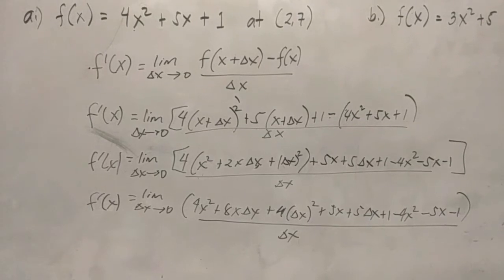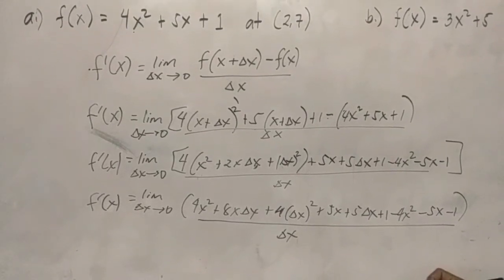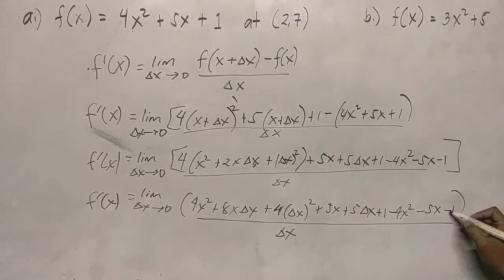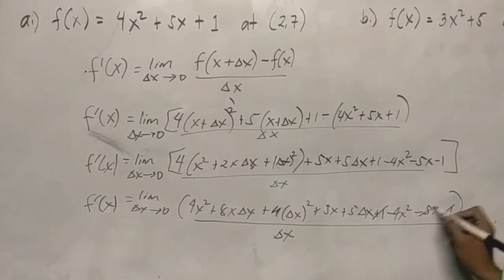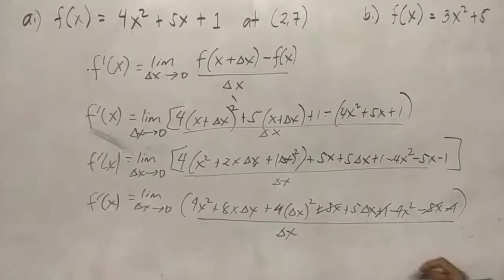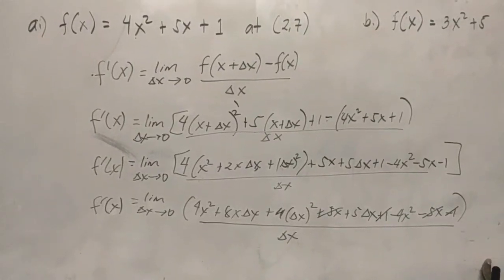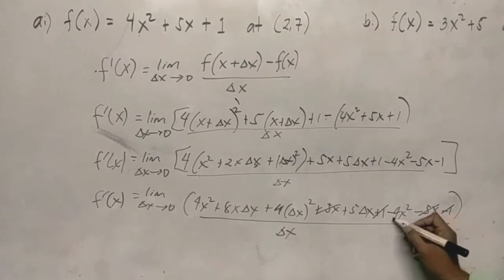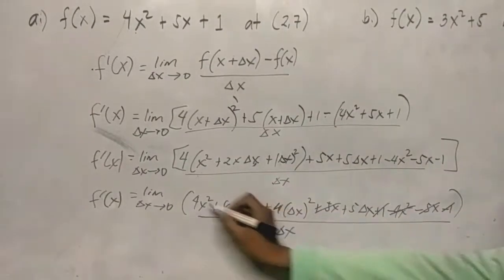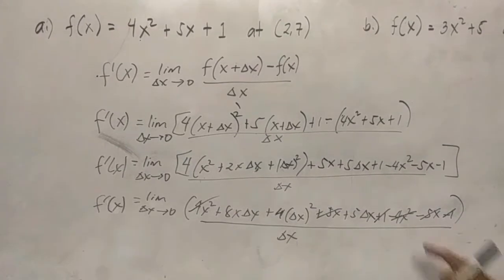Okay, next, as we observe, we can cancel. So, cancel negative 1, positive 1. Negative 5x, positive 5x. And then negative 4x squared, there is a positive 4x squared there.